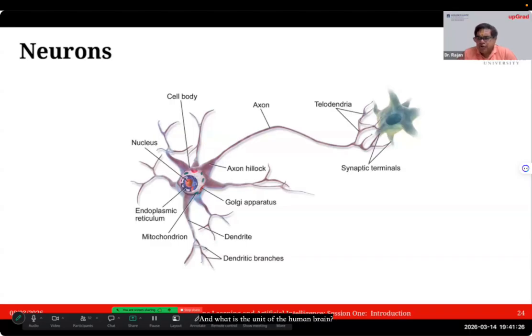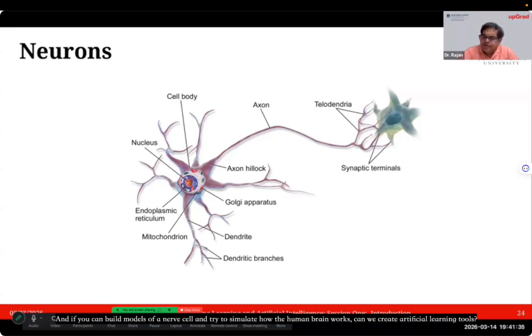And what is the unit of the human brain? It's a neuron, that is a nerve cell. And if we can build models of a nerve cell and try to simulate how the human brain works, can we create artificial learning tools? Can we create learning tools artificially? And the answer is yes, we can do that.